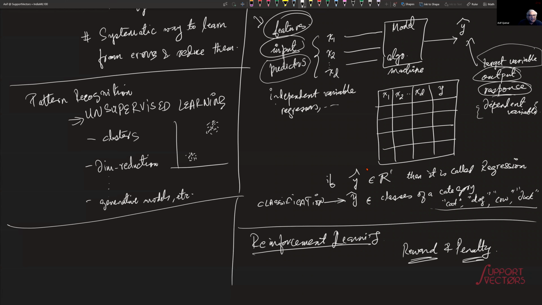So for example, if a course of action leads to failing in the game, then you have a penalty. Then the machine says, we shouldn't have done that. Let's try a different strategy. Right? If it wins, it remembers that, okay, let's improve upon this strategy to win even more. So that form of machine learning is reinforcement learning.